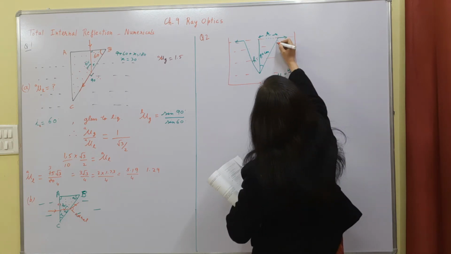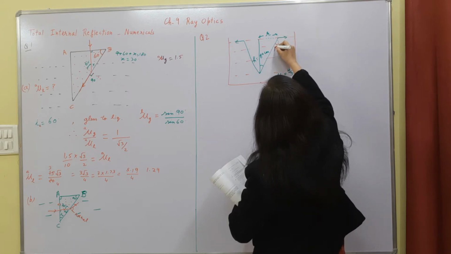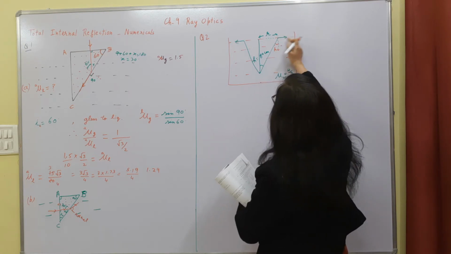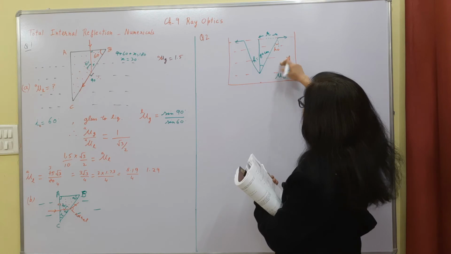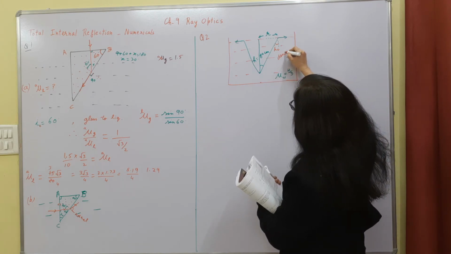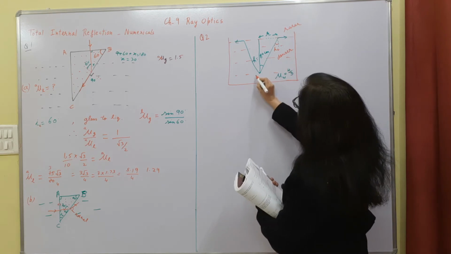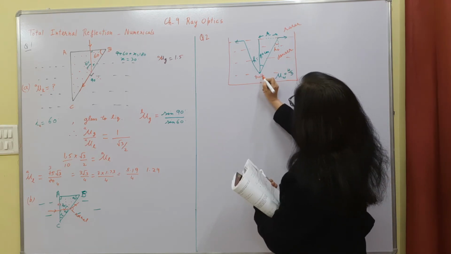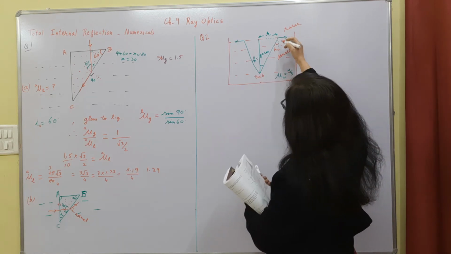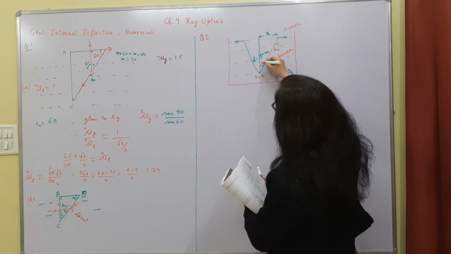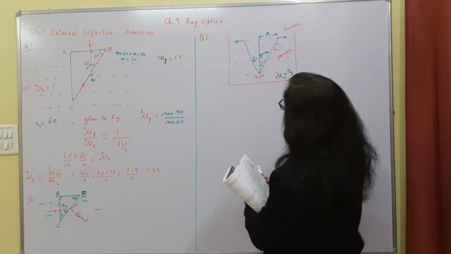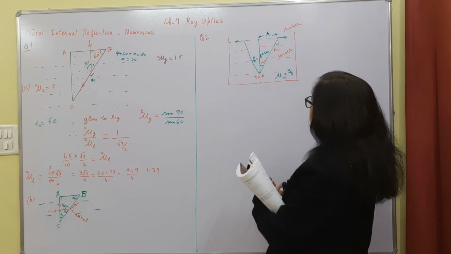If this angle is critical angle, then it will move parallel to the surface because it is moving from denser to rarer medium, right? So from here, this and this are alternate angles, so this will be IC.